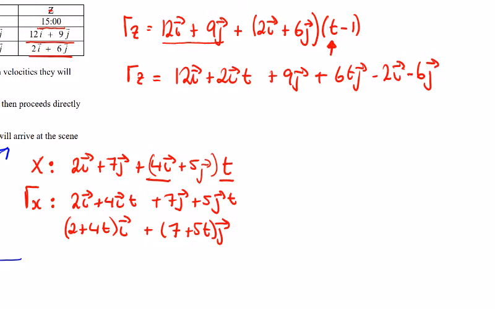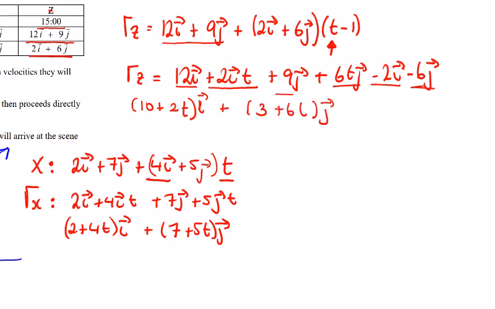So if I take out the i, we're going to have 12 minus 2, that's 10i, and then 2t times i. And then for j, we have 9j minus 6j, so we have 3j, plus 6t.